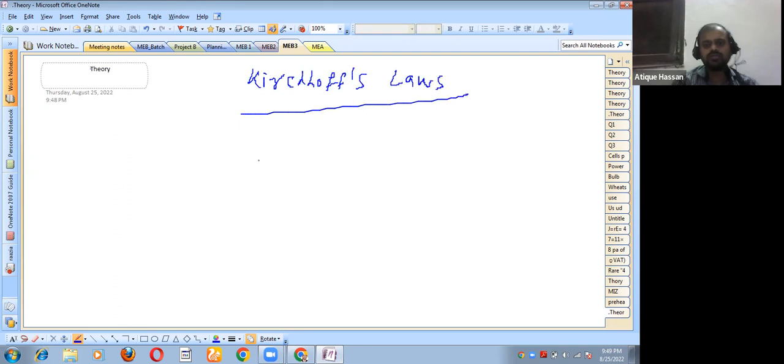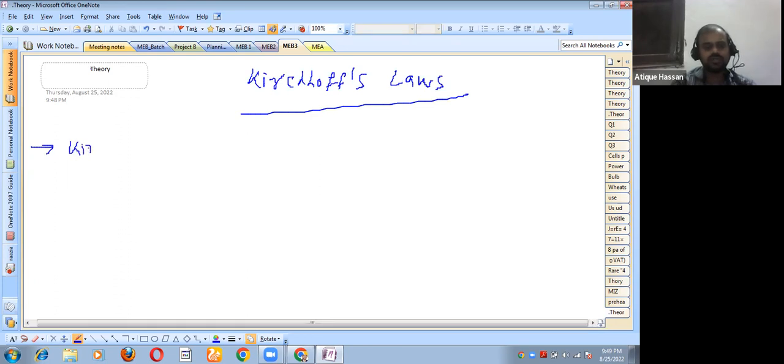So there are two Kirchhoff's laws. First is Kirchhoff's junction law. Or it is also known as Kirchhoff current law or KCL or Kirchhoff's first law.